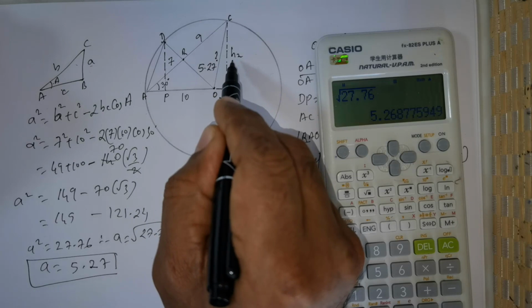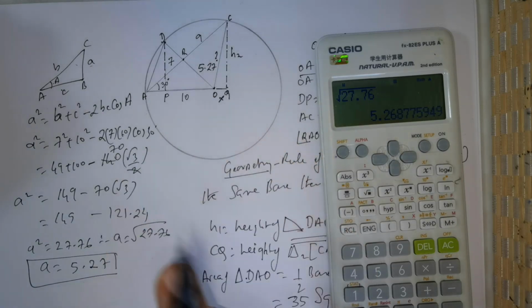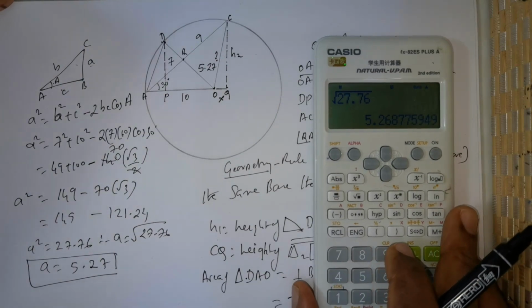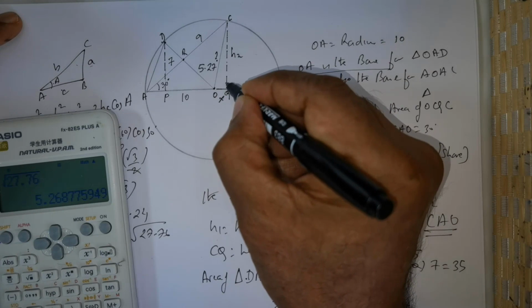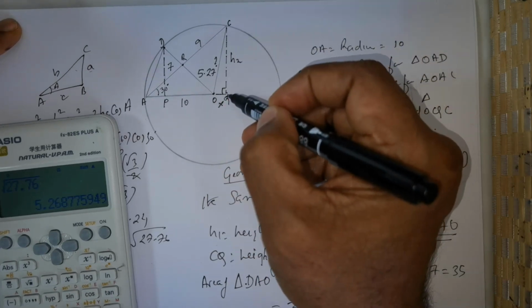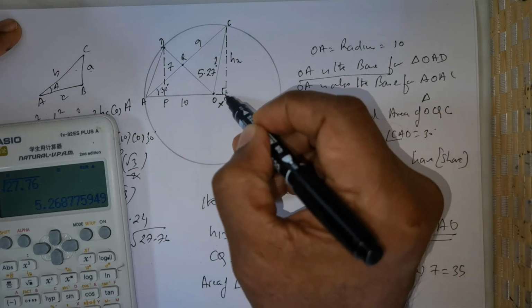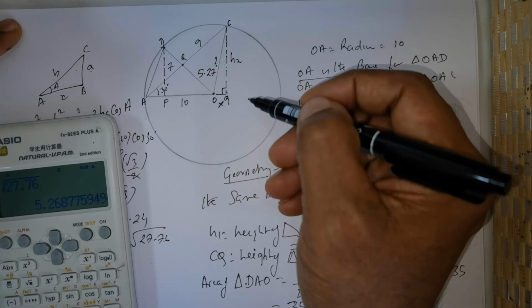If I get h2, I know this side, then I can actually calculate this side. So let us actually use, because this is actually a right angle. You dropped a perpendicular to the radius, and that is 90 degrees. But we do not know what is OQ. OQ is taken as x.